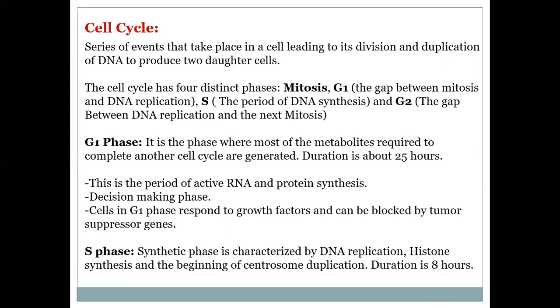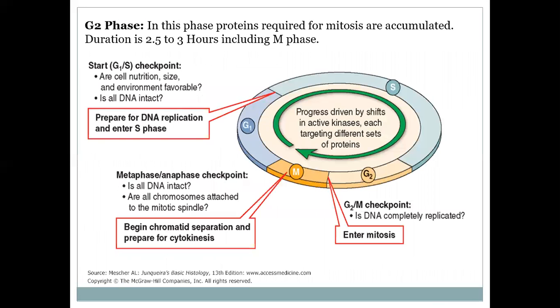Total duration is 25 hours. In S phase, DNA replication occurs, that means the synthetic phase. Here histone synthesis occurs, and the duration is 8 hours. G2 phase lasts 2.5 to 3 hours. In this phase, proteins required for mitosis are accumulated, and after G2 phase the mitosis process starts again.